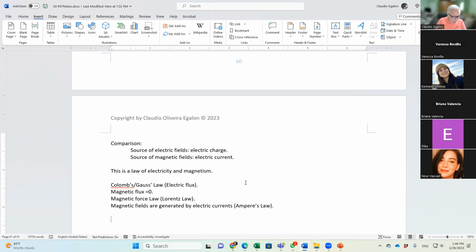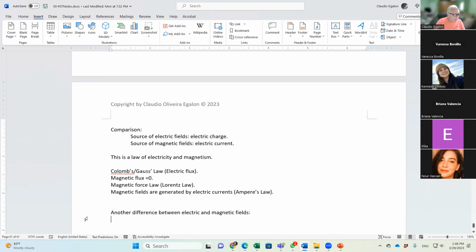an electric current. And by the way, there's an important difference between electric field and magnetic field. An electric field starts and ends in an electric charge.